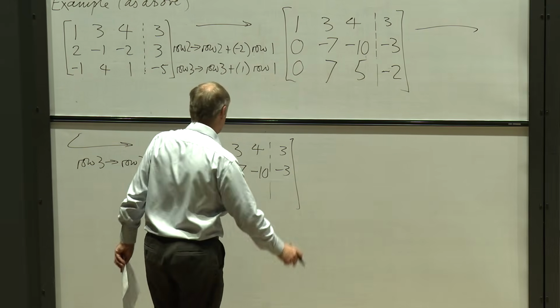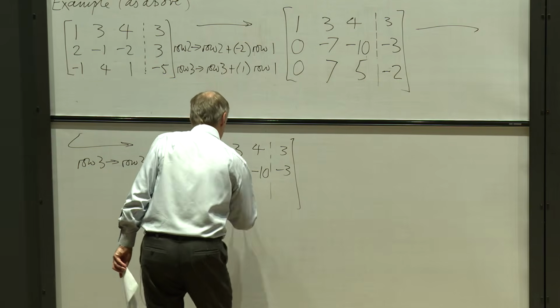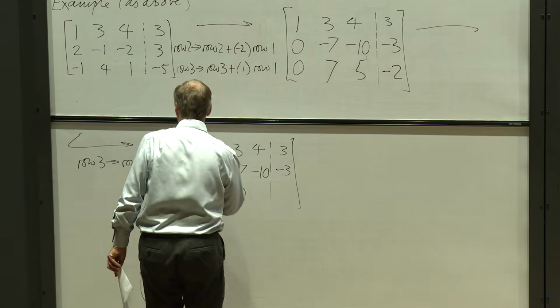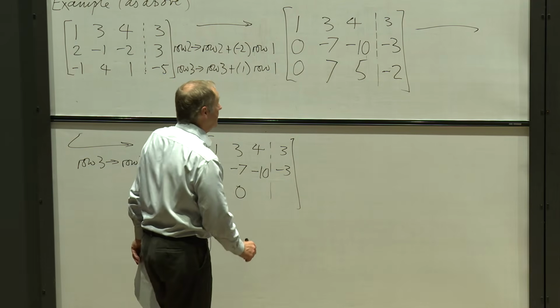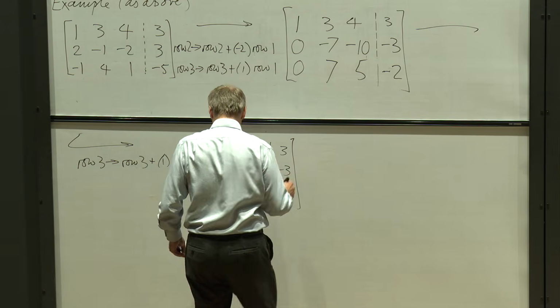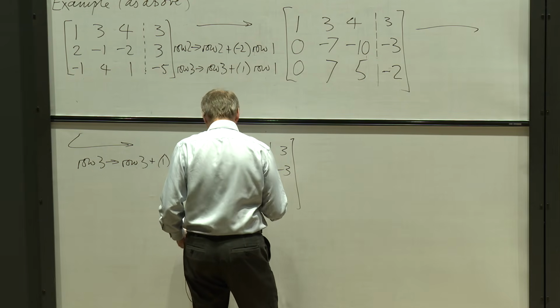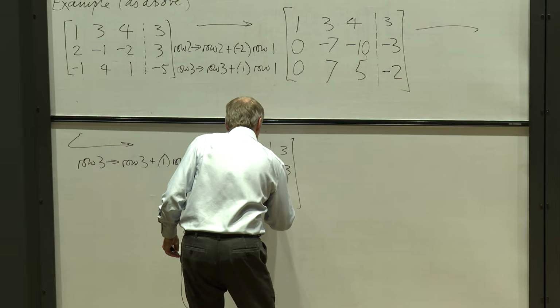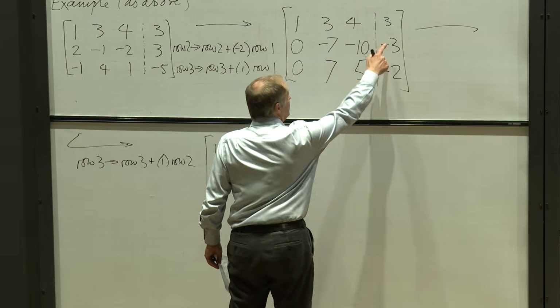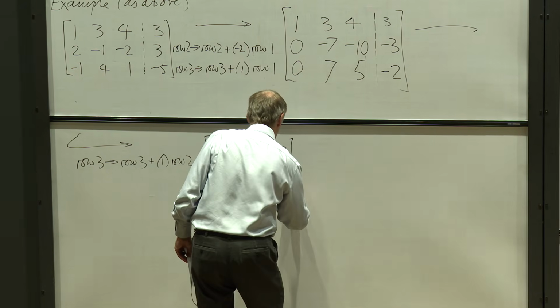Right? And this gives me a 0 here by adding row 2 and row 1. And if I add these two together, I should get, I guess, minus 5. And these two together, I should get minus 5.